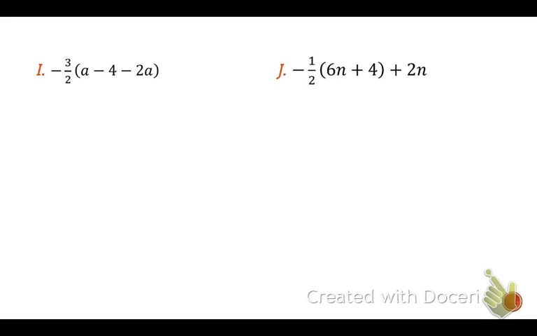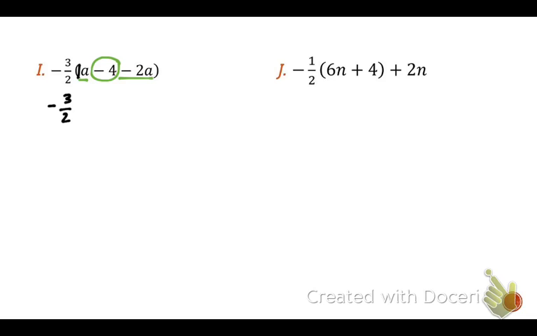All right, fractions are always where we start to think, oh no, I don't remember how to do it. But let's see if we can still remember our rules even though we have a fraction. Is there anything that I need to combine inside the parentheses first? Yes. Good job. The A family. So we're going to do the A and negative 2a. Once again, the negative 4 is still there just by itself. So I'm going to drop down my number that's on the outside, negative 3/2, and let's combine my like terms first.